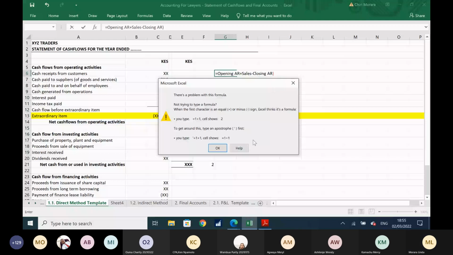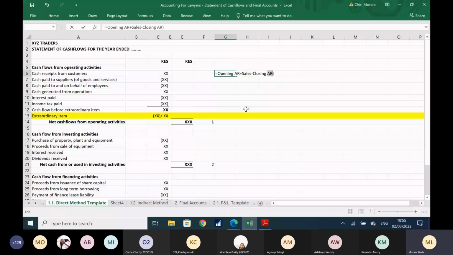Let me remove the equals. So this is how you would get it: I was expecting this much from my customers, and then I have made this much sales, but at the end, I'm still expecting this much from my customers. So the net effect should show how much money you have received from your customers.